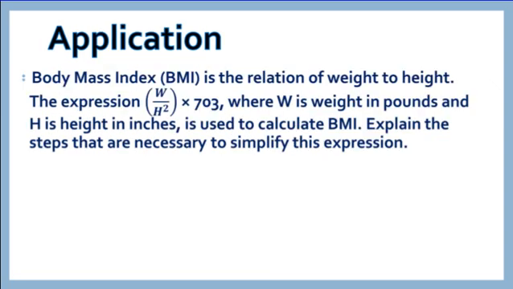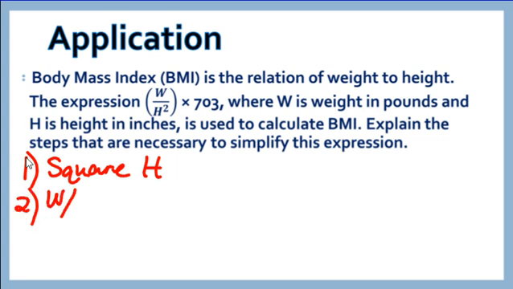And the last example. The body mass index, BMI, is the relation of weight to height. The expression W divided by H squared times 703, where W is weight in pounds and H is height in inches, is used to calculate BMI. Explain the steps that are necessary to simplify this expression. So the very first thing we need to do is square the H. Second step, W divided by the new denominator.